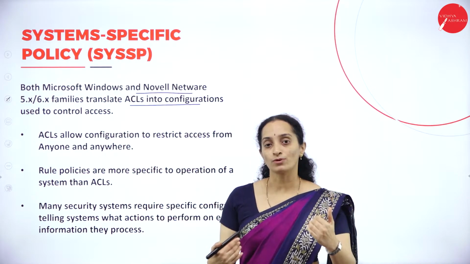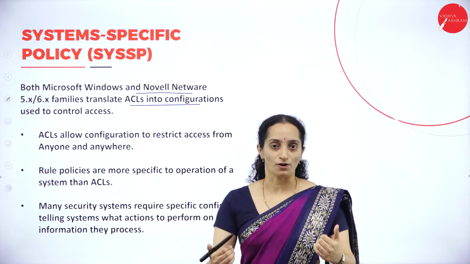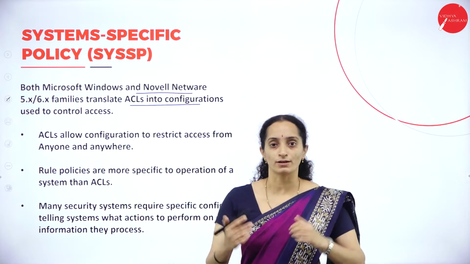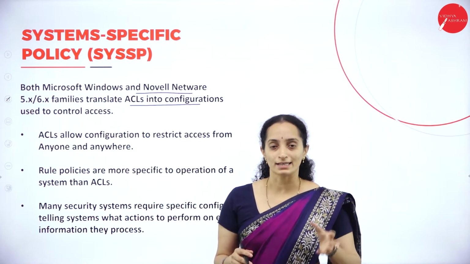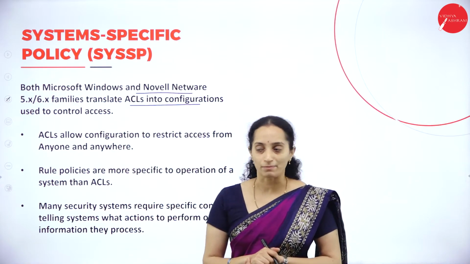Permissions will be given only to access this kind of software. You can access only this kind of software or this kind of web pages on the internet. All these policies can be built.